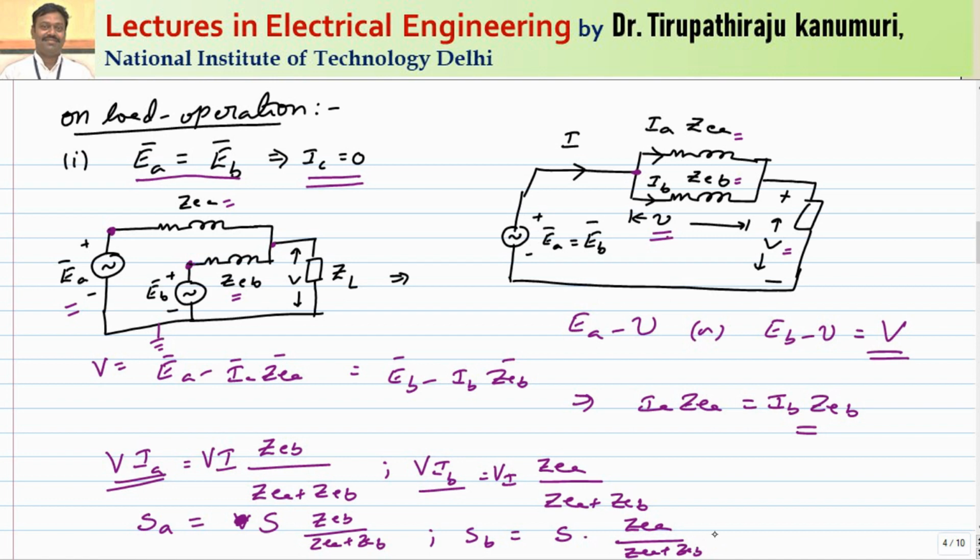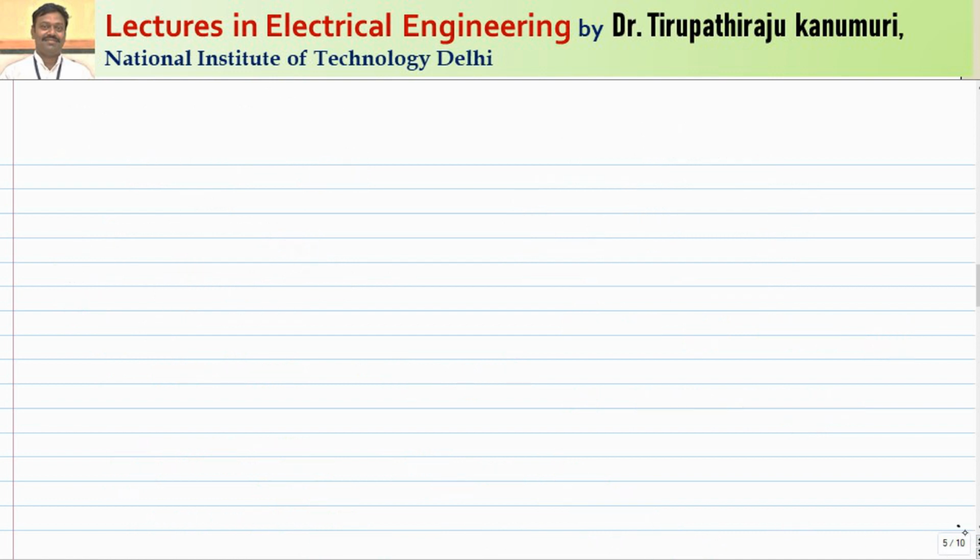So this is how to calculate this. Let us proceed further. From this I can calculate my value of SA. SA I can write as S into ZEB divided by ZEA plus ZEB. This is what I have derived.